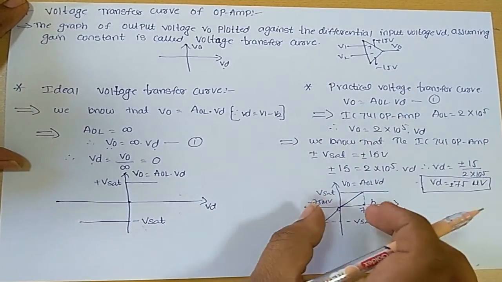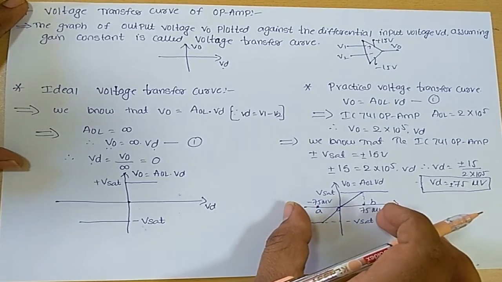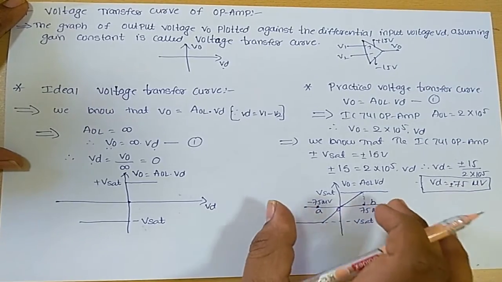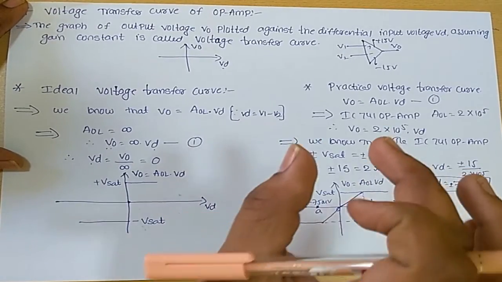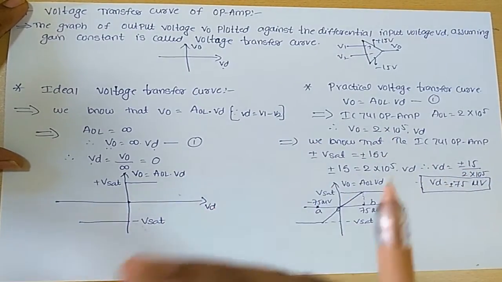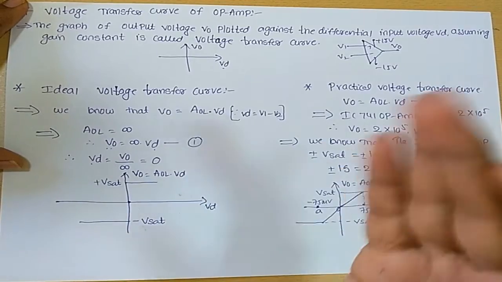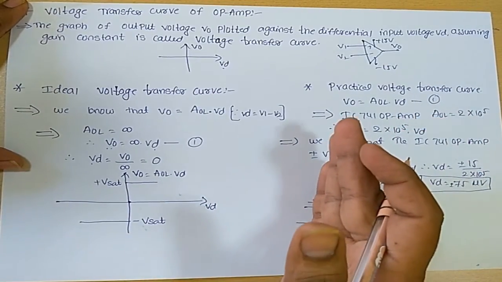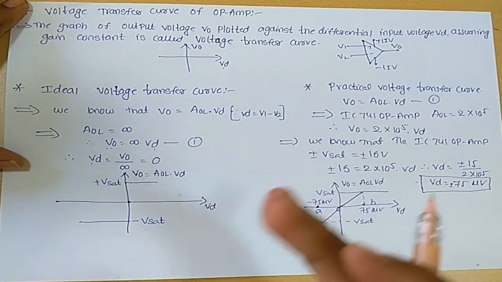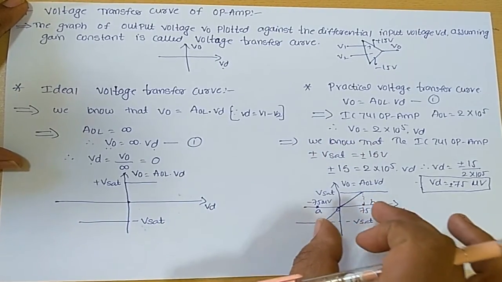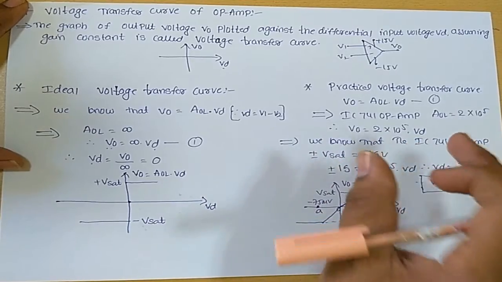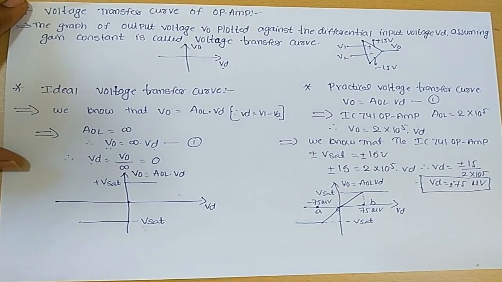After reaching these two points, the operational amplifier provides a constant output voltage. It means that only in this region can the circuit amplify and perform operations on the signal. After reaching this point, the operational amplifier provides a constant voltage. This is what we consider the practical voltage transfer curve. Okay, thank you.